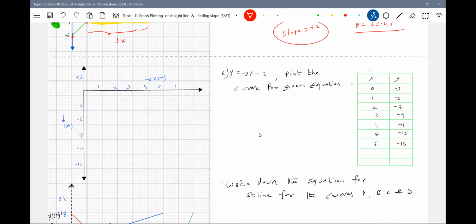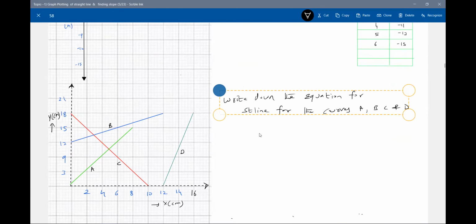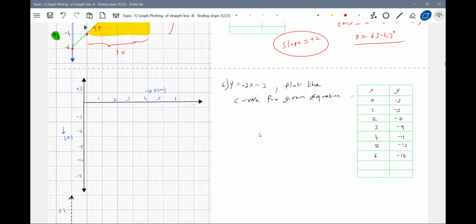We'll take the next condition. Now, if you see this curve here, y equal to minus 2x minus 3. Plot the curve for the given equation. Now, what is the interpretation of this? Put x equals 0, 1, 2, 3, 4. Corresponding values of y is what I tabulated. We'll locate the points.